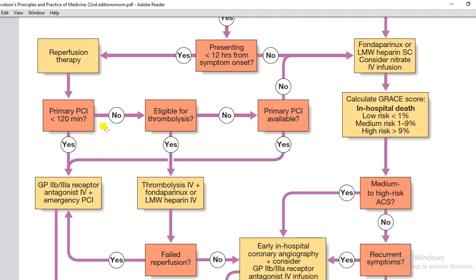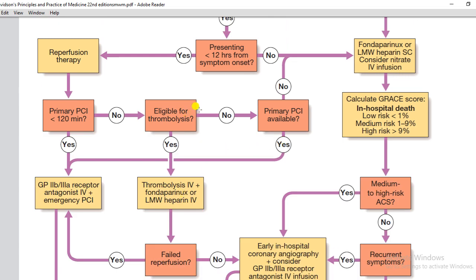If they are ineligible for this process, they should be checked for eligibility for thrombolysis. If yes, they should be given IV thrombolysis, fondaparinux, or low molecular weight heparin.